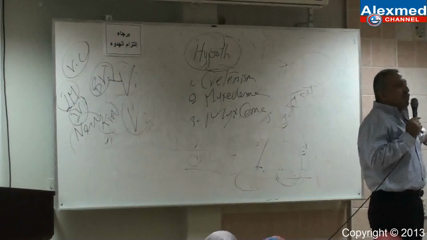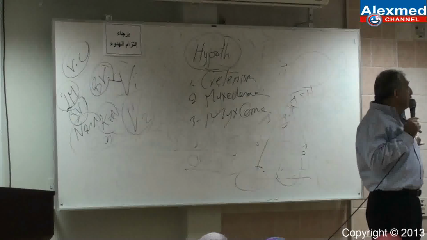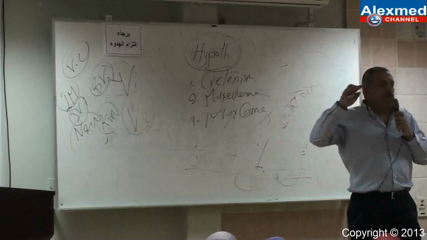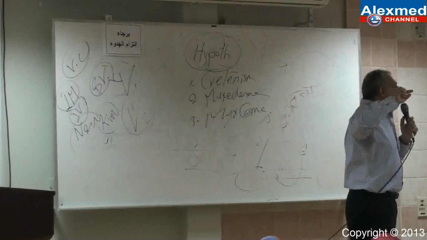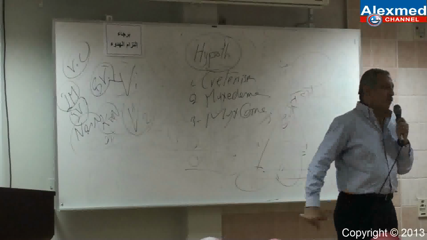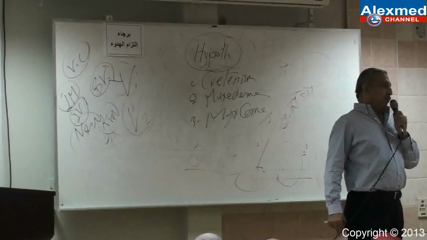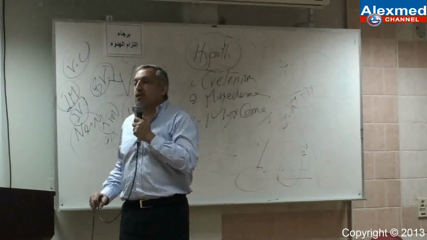What is the question? What I'm talking about. Myxedema coma means acute on top of chronic. He is not a normal subject.